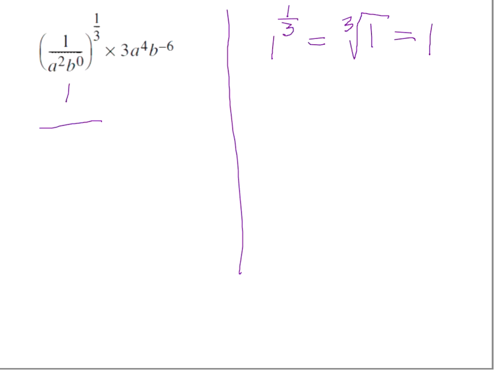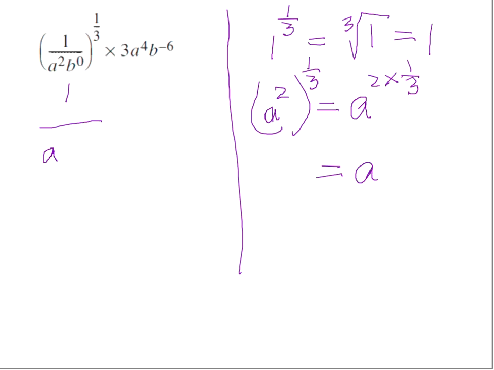So that's 1. Now in the denominator we have a to the power of 2, and then we have to take it to the power 1/3. So that would be a to the power 2 times 1/3, which is the same as a to the power of 2/3. Twice a third, so you have 2/3.